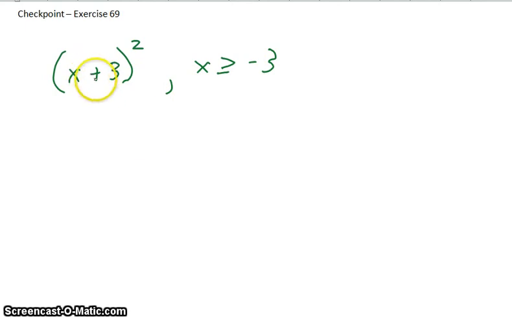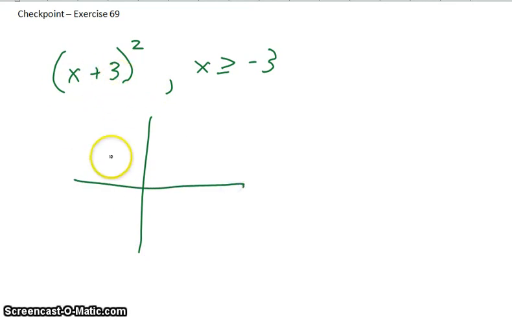Now this is a parabola that gets shifted a specific number of units. It actually gets shifted to the left 3 units. So it actually starts here. So that's what it looks like. So I can't use anything to the left of -3. So this is what it looks like.